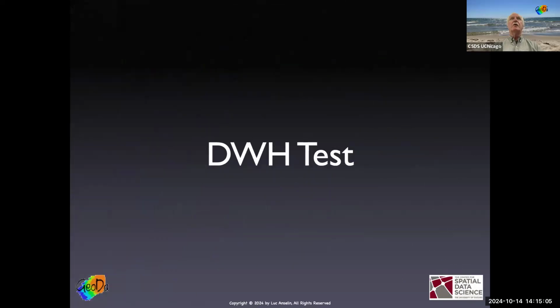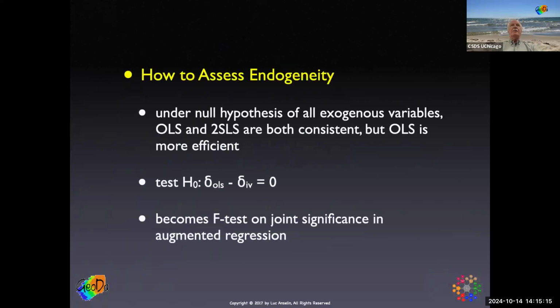Okay. Now our Durbin-Wu-Hausman test, which I like a lot because it's actually one example of a much larger family of tests. There are several types of Hausman tests. But the principle is very nice, and this is a principle that you will encounter in a lot of tests. The point of departure is that you get two equivalent estimators.